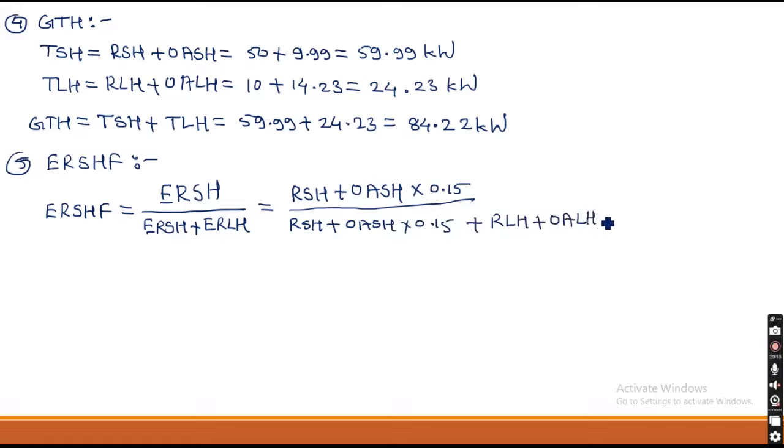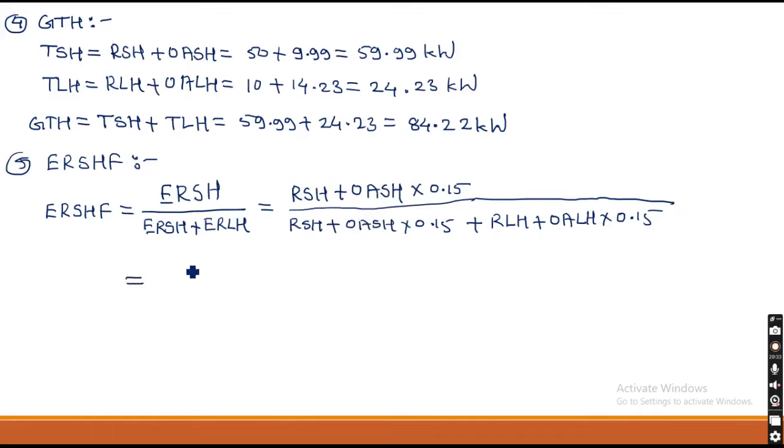Here also we have to multiply by 0.15 as a bypass factor. So if we put the values, we get the effective room sensible heat factor like this.